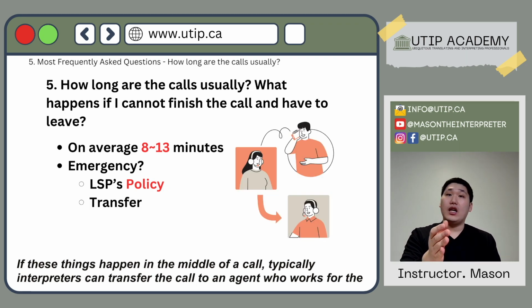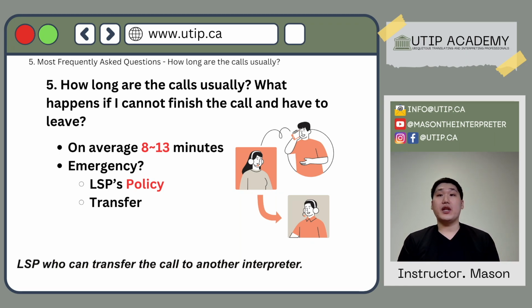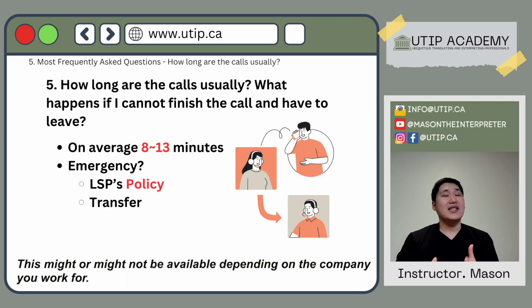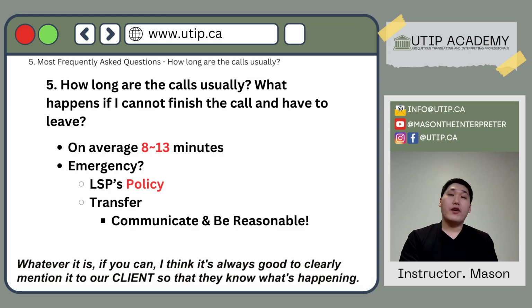If these things happen in the middle of a call, typically interpreters can transfer the call to an agent who works for the LSP, who can transfer the call to another interpreter. This might or might not be available depending on the company you work for. Whatever it is, if you can, I think it's always good to clearly mention it to our client so that they know what's happening.